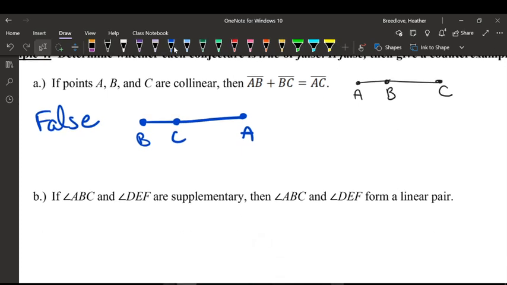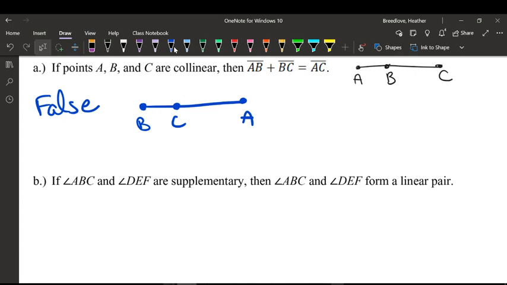All right, so then the next one, if angle ABC and angle DEF are supplementary, then angle ABC and angle DEF form a linear pair. All right, so we know that supplementary means they have a sum of 180 degrees.